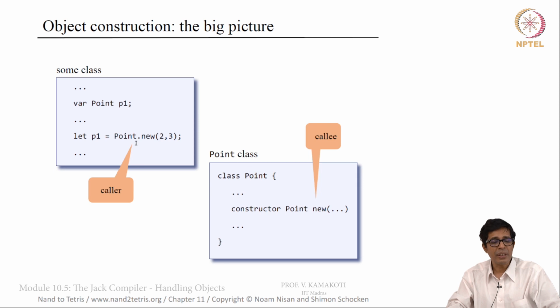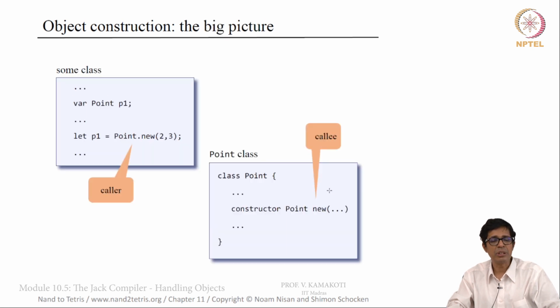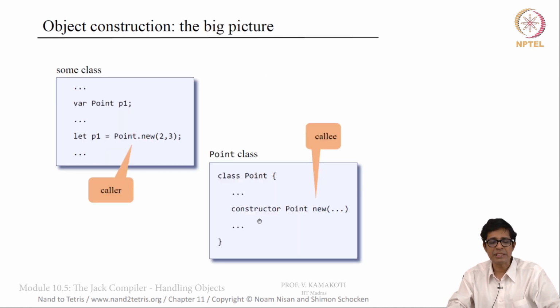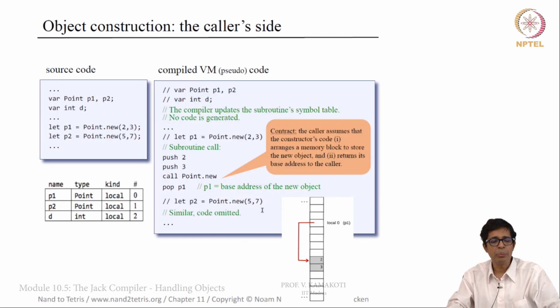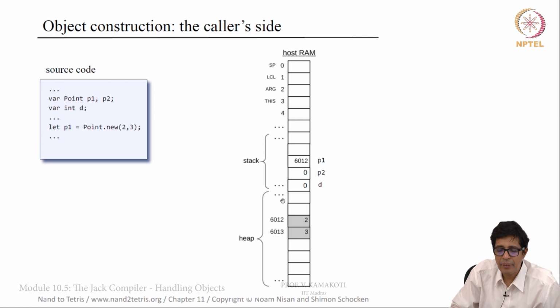So, there is a caller function which is calling this callee function here. How is this object now constructed? This is how it is constructed. First and foremost, we know that this is a constructor function. Let us say this is a stack.